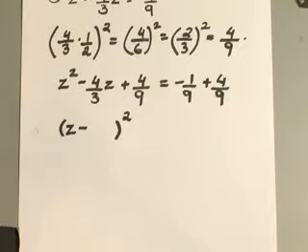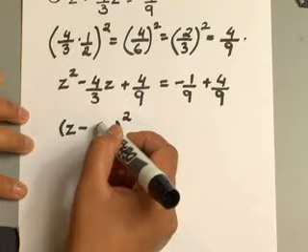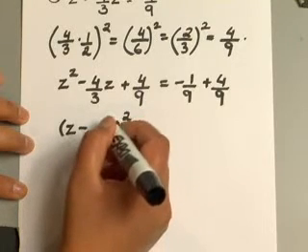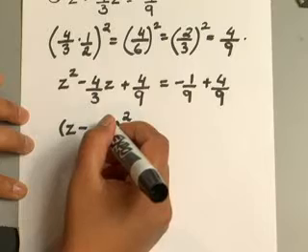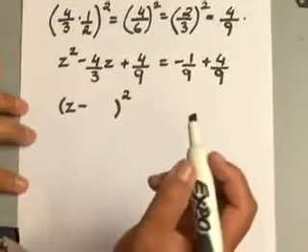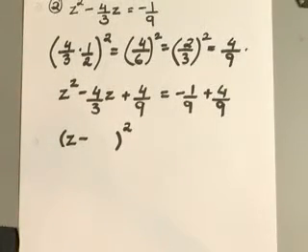All right, let's go ahead and factor our left hand side. So that will be z minus, and let's see, you will end up with 2 over 3. Let me see.